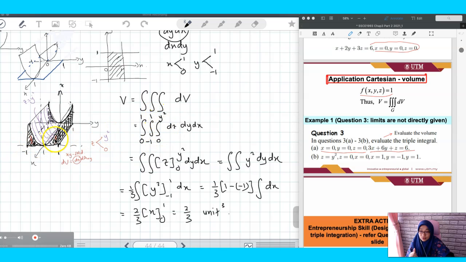Even when x and y are positive, your bounds for z are still 0 to y squared, right? So we don't need to split the solid into two parts, because all of them have the same lower bound and upper bound.